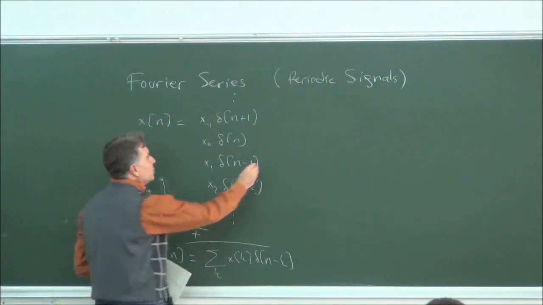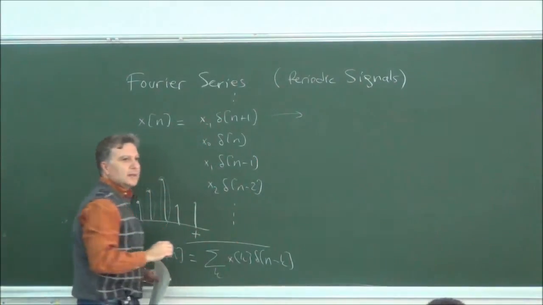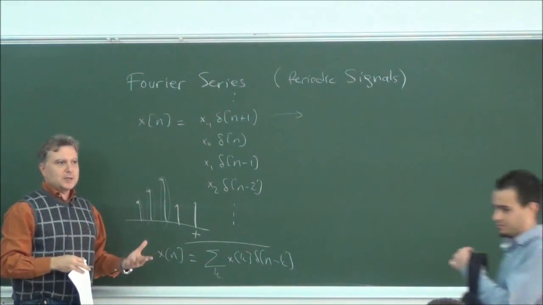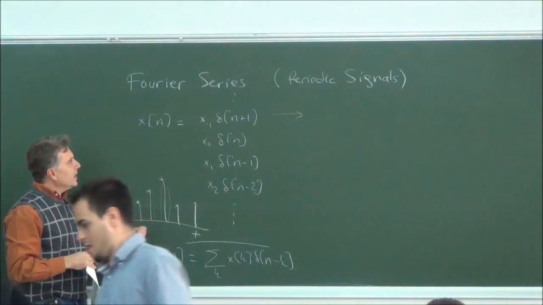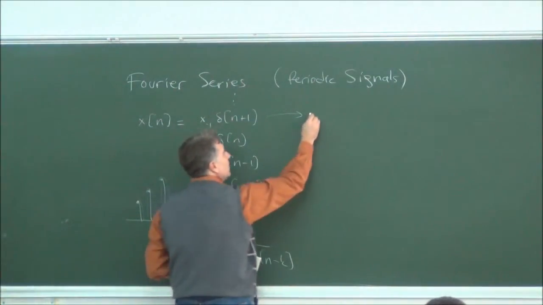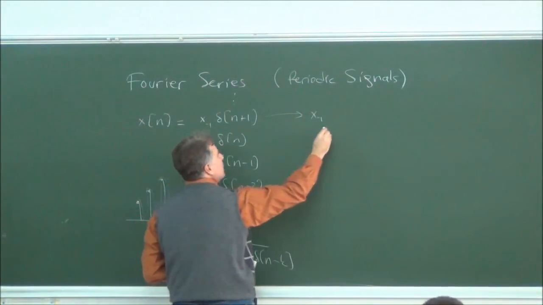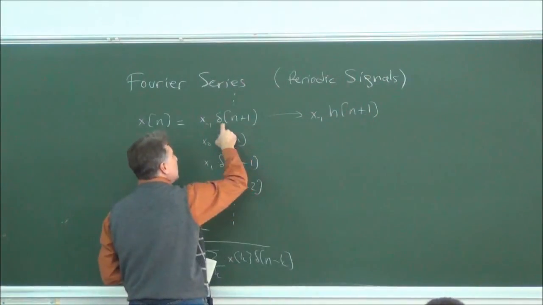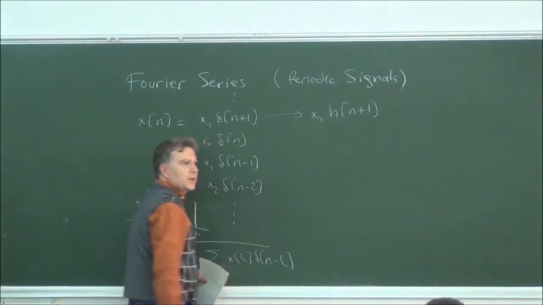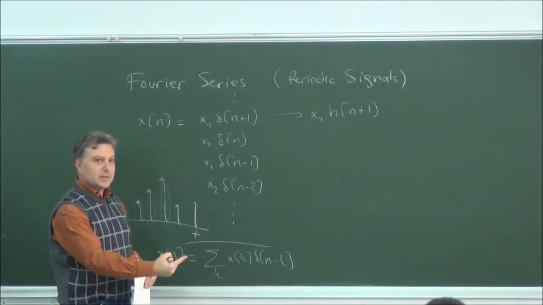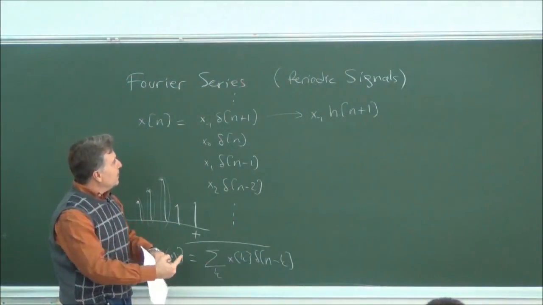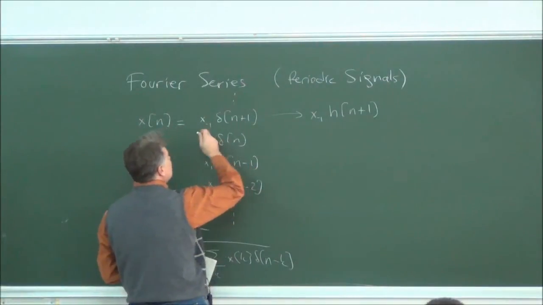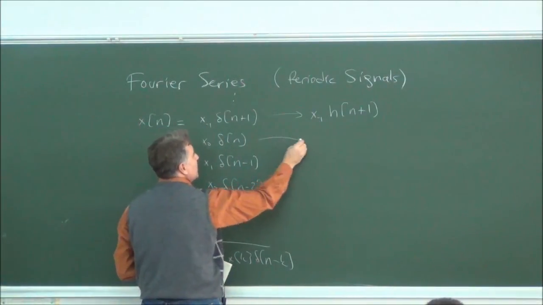And to each individual impulse, since we know the impulse response of the system, we said that the response is x minus 1, h n plus 1. Because to delta n plus 1, the response is h n plus 1, where h n is the impulse response. So we were shifting the impulse responses and scaling with the same scale as x minus 1.